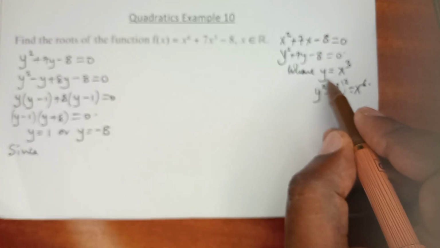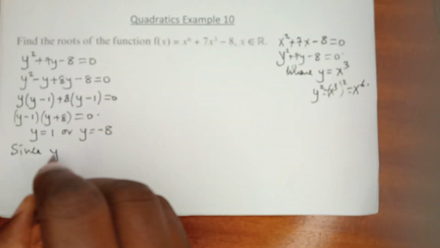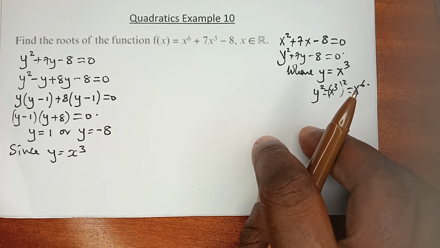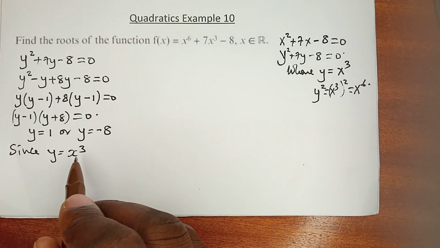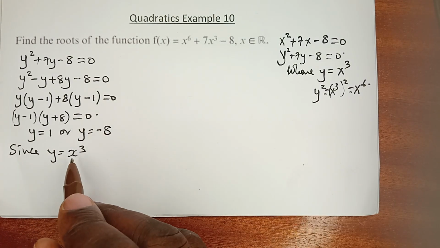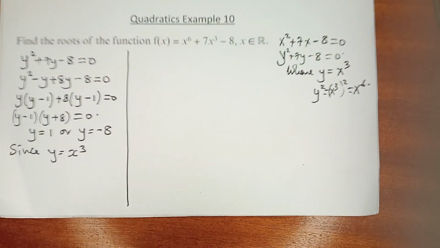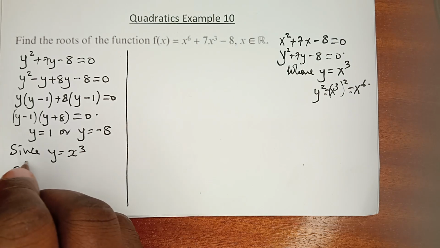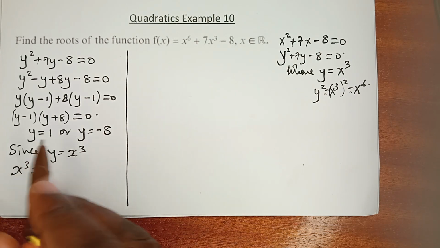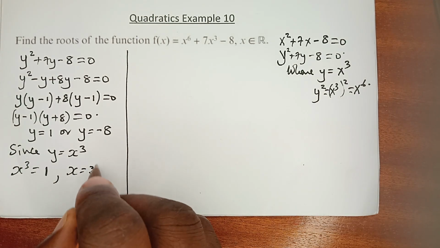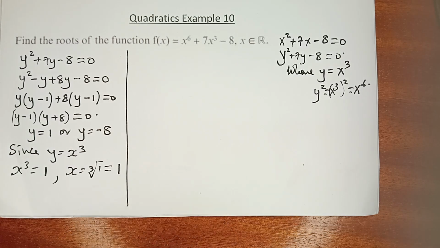Now we say, since we outlined y to be equals to x cubed, we can easily say it is the x cubed which is equals to 1, and it is the x cubed which is equals to -8. And therefore we are saying, if x cubed is equals to y, and y at some point is 1, therefore, x is equals to the cube root of 1, which is 1.